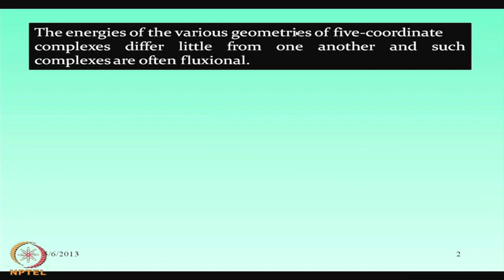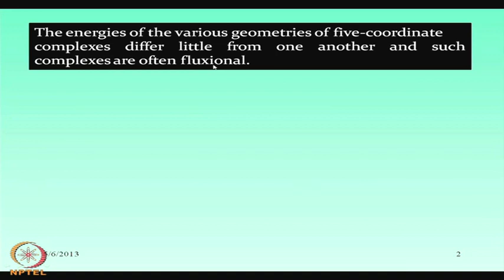Of these 2 geometries, one is the square pyramidal geometry, about which we have just concluded our discussion, and the second one is the trigonal bipyramidal geometry. If they differ only a little in energy from one geometry to the other, these complexes can function as fluxional molecules.